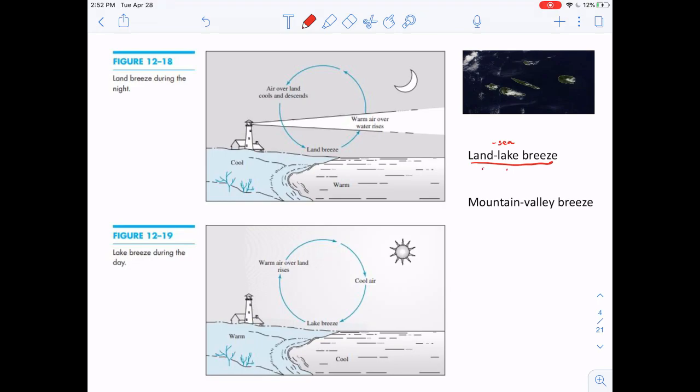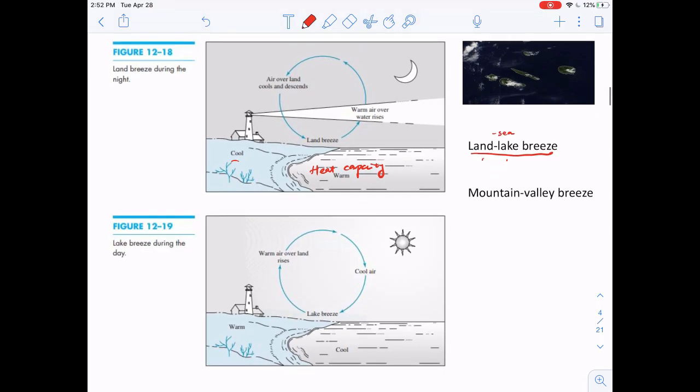So why are we having this type of movement? We know that the land and the water have different heat capacities, right? What this simply means is that during the daytime, let's say if we look at the second picture here, the land will warm up faster.